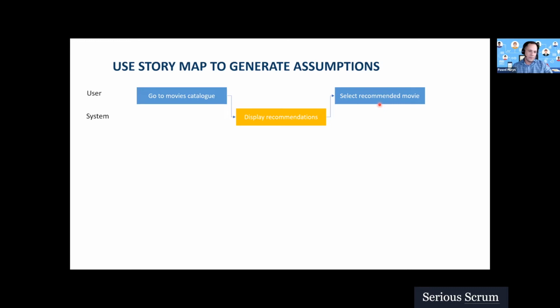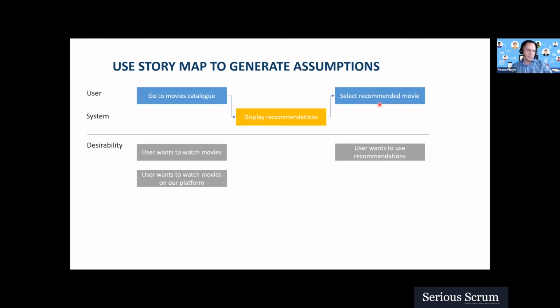So once we create this type of story map, we can ask questions from different areas. So value or desirability. For go to the movies catalog, the assumption may be that the user wants to watch movies because this is a movies catalog, and maybe the user prefers watching series.